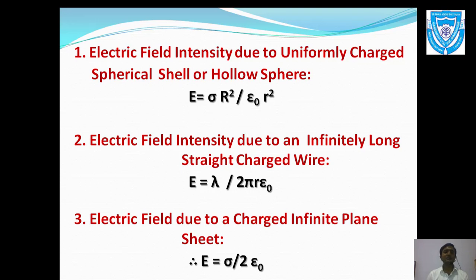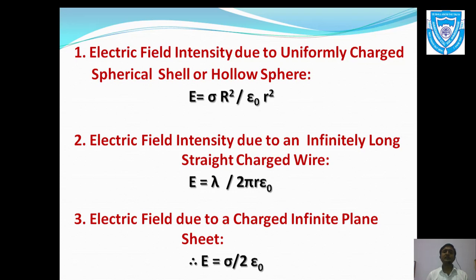The second application is electric field intensity due to an infinitely long straight charged wire, which is E is equal to lambda upon 2 pi r epsilon naught. The third application, electric field due to a charged infinite plane sheet, is E is equal to sigma upon twice of epsilon naught.